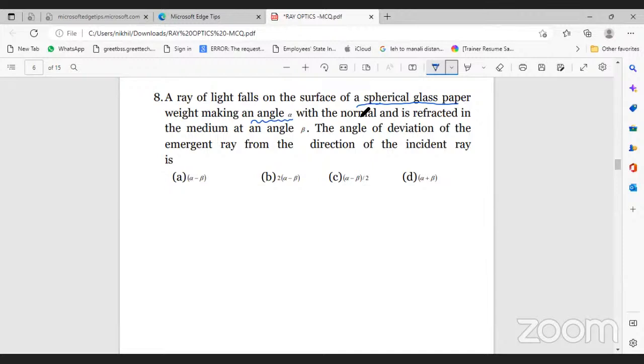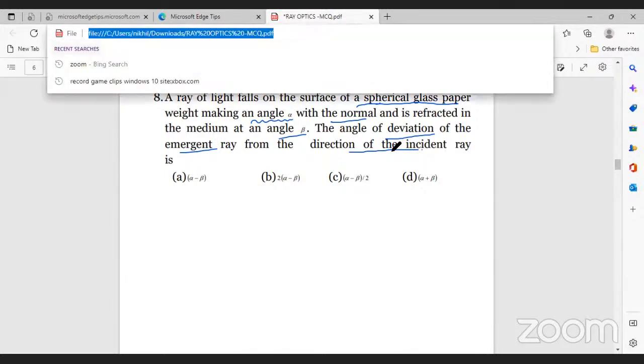Refraction is taking place in the medium at angle beta. What is the angle of deviation of the emergent ray from the direction of the incident ray?